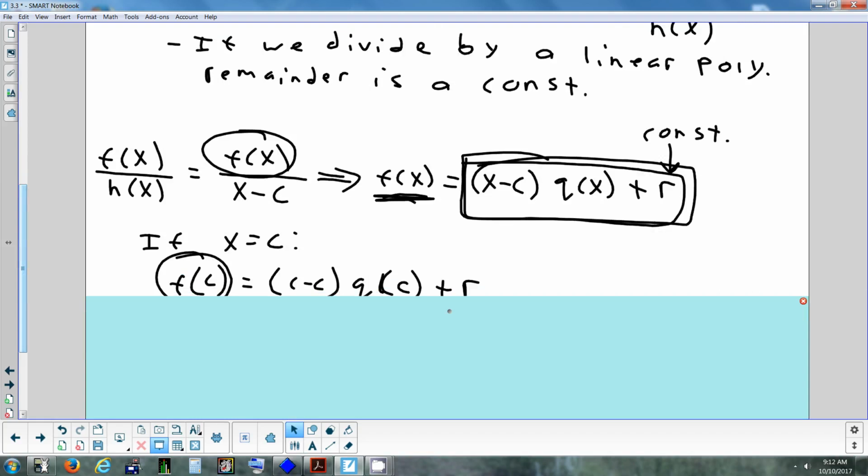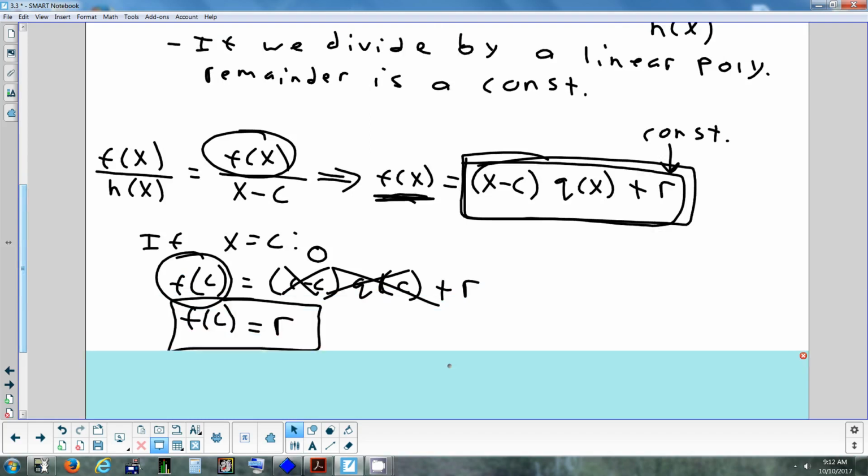You end up with c minus c, and then in parentheses, q of c plus r. Well, what's c minus c? 0. And what's 0 times my quotient evaluated at c? 0. So I get f of c equals r.